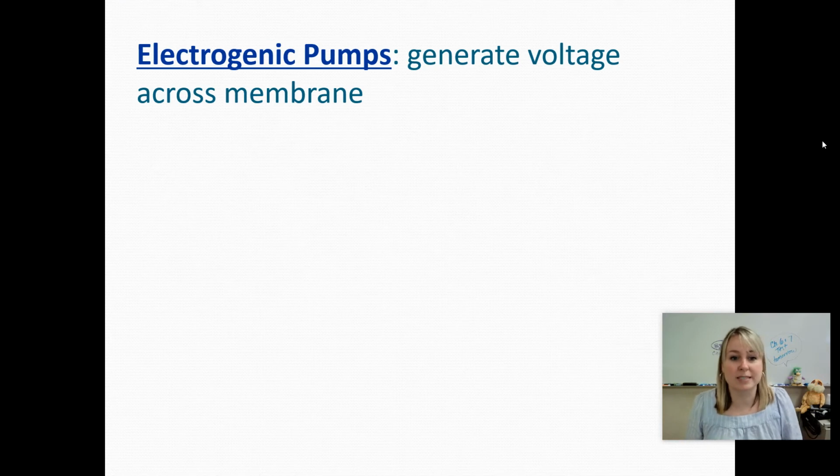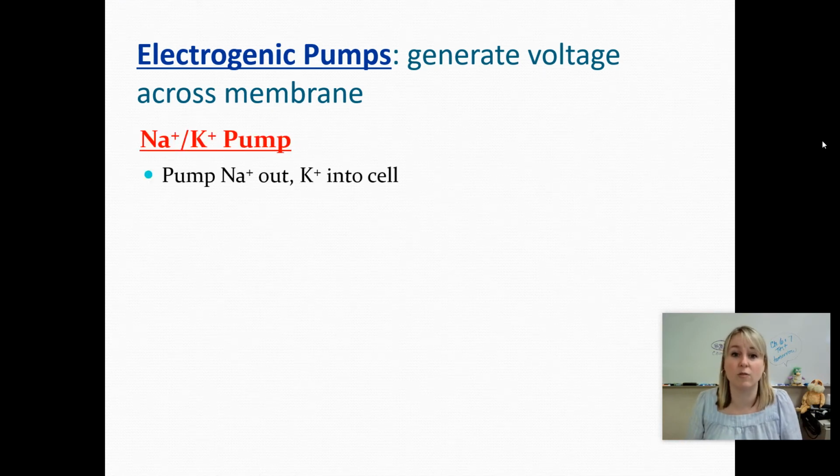An example is, again, this electrogenic sodium-potassium pump that can generate a voltage across the membrane. We're going to pump a bunch of sodium out, but we're going to pump more sodium out than potassium in, which means you will have a slightly more positive charge on the other side of the membrane, and on the inside is slightly negative in comparison, creating a charge difference.